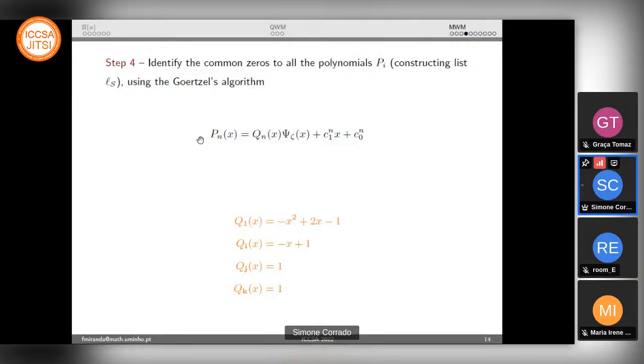So to say that alpha is a zero of P is equivalent to saying that C1 and C0 are both zeros.